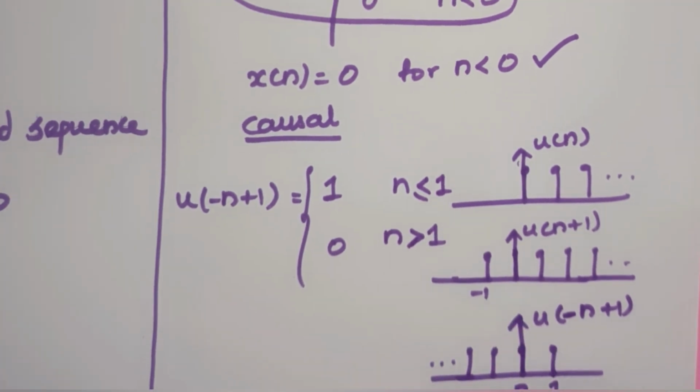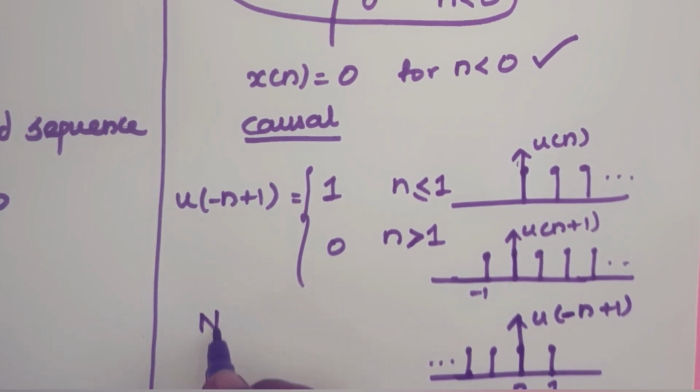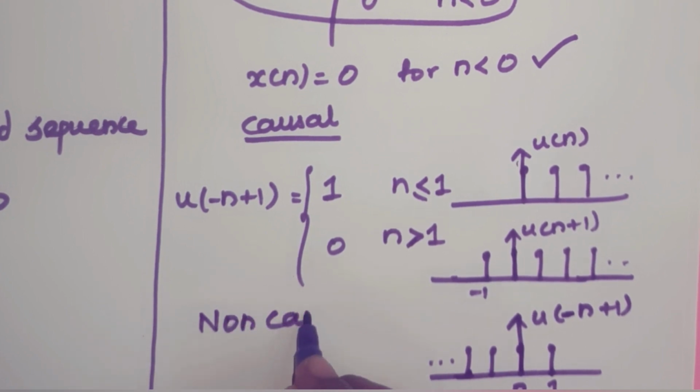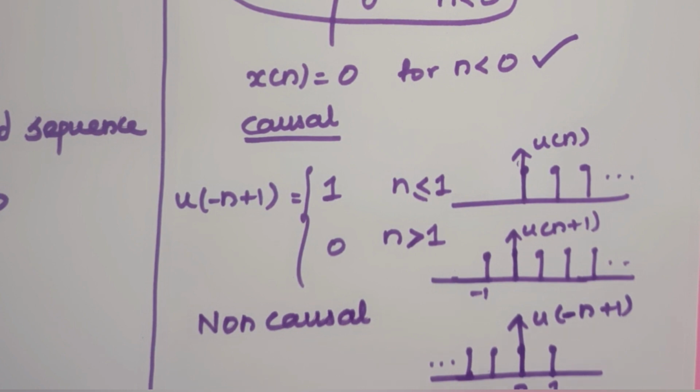So it gets value on both the positive and negative side. That is a two-sided sequence. Then the signal is non-causal. It gets value on both sides, positive axis as well as negative axis. So the signal is non-causal.